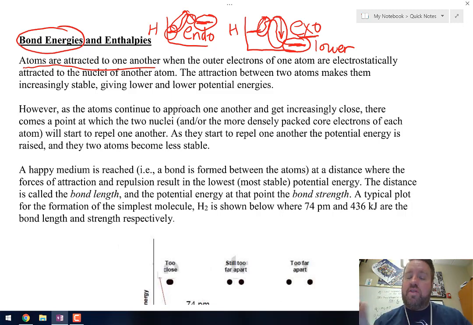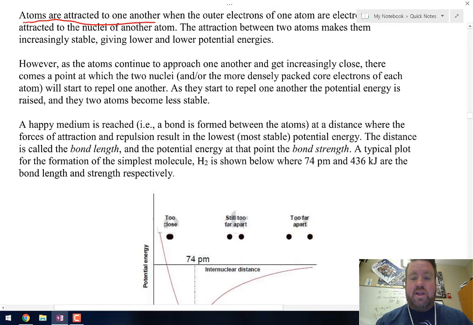We know that there's an attraction between the electrons of one atom and the nucleus of another atom, and vice versa. But we also know that electrons repel each other, and so do protons. As they start to repel each other, the potential energy is raised and the two atoms become less stable.